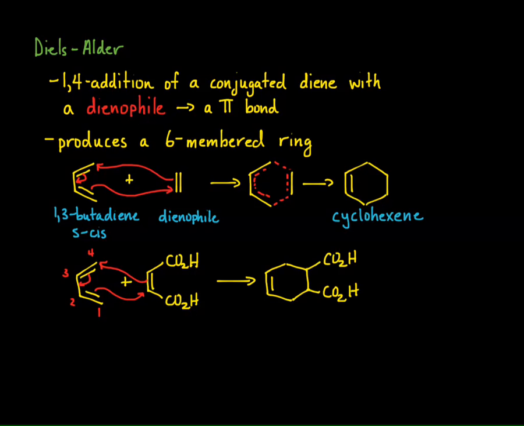And we end up with our cyclohexene, and of course, since the dienophile had 2 carboxylic acid groups coming off of it, those are also still attached.